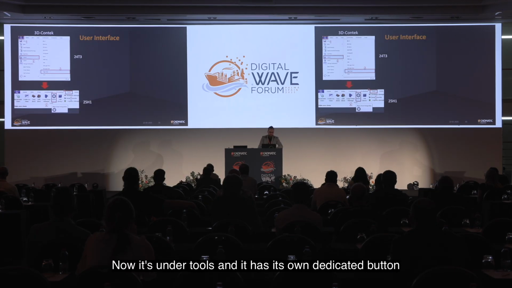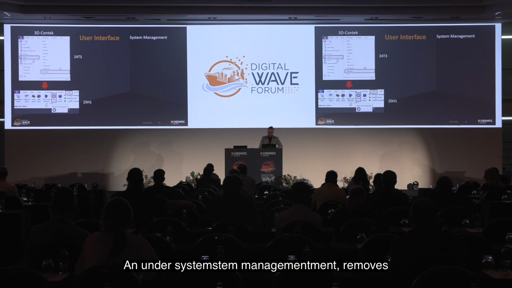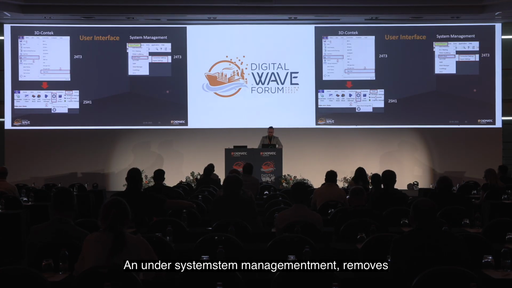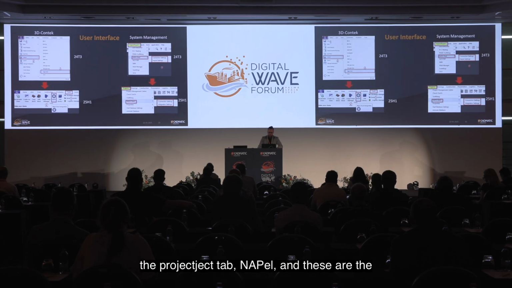Now it's under Tools, and it has its own dedicated button with the Napa logo here. You can see the Napa Steel integration. And under System Management, we moved Import-Export from Napa Steel to the Projects tab, Napa Steel, and these are the same as before, so nothing changed there.